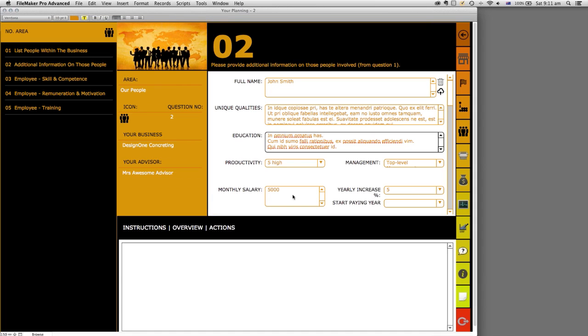Now, this one here will calculate for the key people, because the other thing that a business plan needs to have is, when you see key people, you also, when you're reading a plan, want to see what those key people are being paid. So, for example, if the business owner is taking out $10,000 a month, then when you look at buying that business, you can equate that to the value of the business because I can take over that salary when I buy that business.